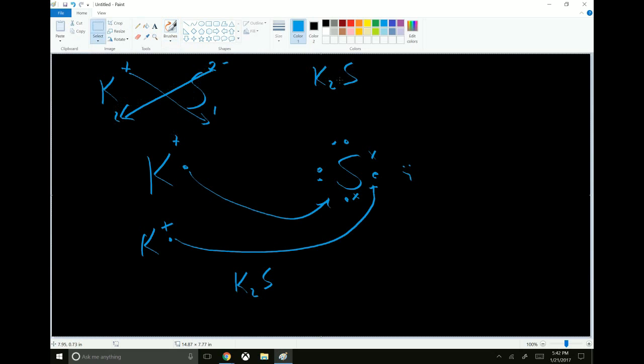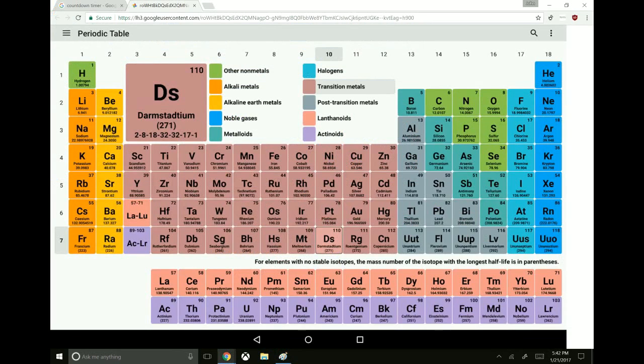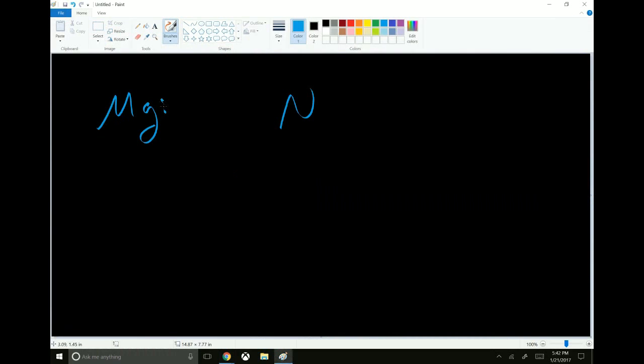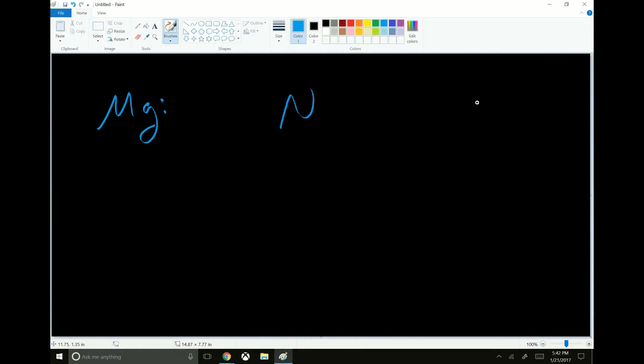Okay. Now let's look at a more complex arrangement, magnesium and nitrogen. So magnesium is element 12 right here. It has 2 valence electrons. Nitrogen is element 7 over here, and it has 1, 2, 3, 4, 5 valence electrons. Let's go ahead and draw them this way. So magnesium loses its 1st electron to nitrogen and its 2nd electron to nitrogen. Magnesium is now happy.